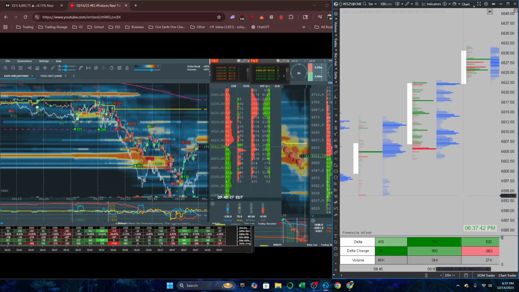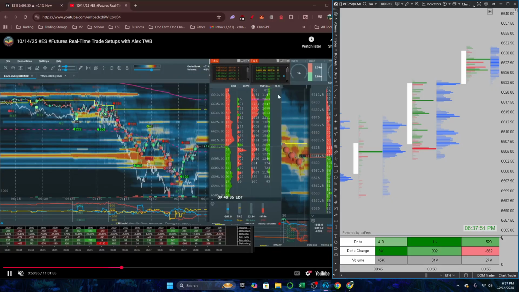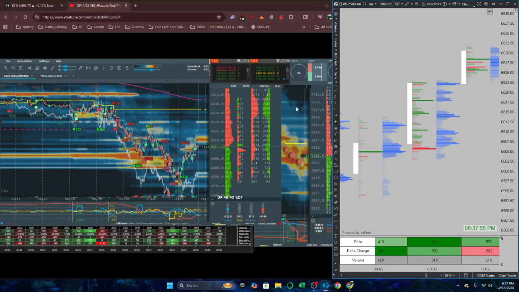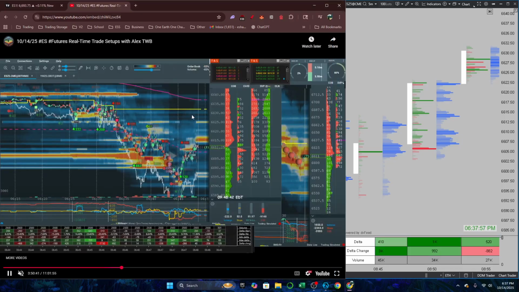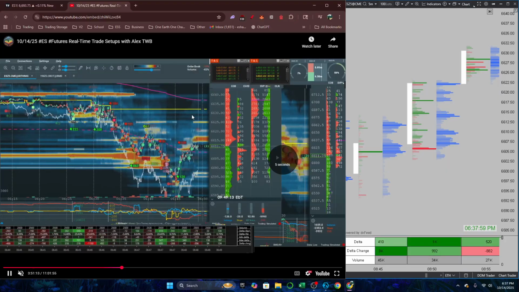Now we're starting to see aggressive buying delta come in. And direction right now is not really there. So what do we do? Stay patient, wait to see what the market gives us.